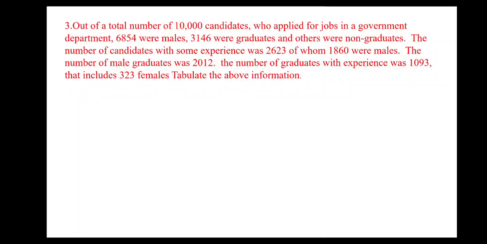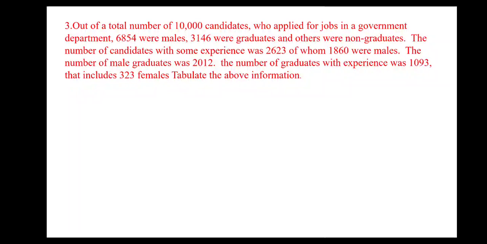The number of candidates with some experience is 2623, of whom 1860 were males. The number of male graduates was 2012. The number of graduates with experience was 1093, which includes 323 females. Tabulate the above information.